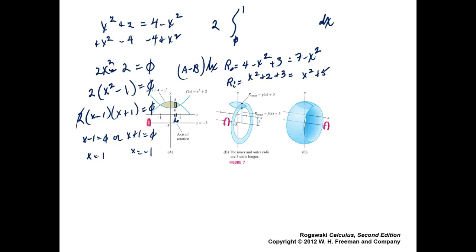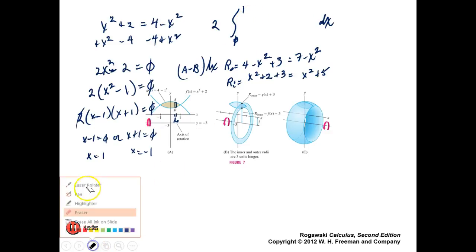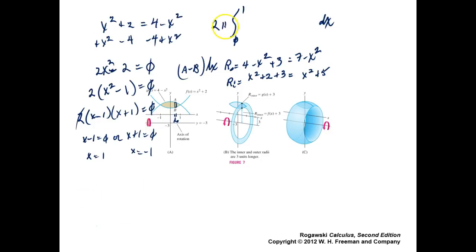And so there'll be 2 times pi from the area, pi r squared, and then you have the outer radius squared, so that'd be 7 minus x squared, squared, minus x squared plus 5, squared.